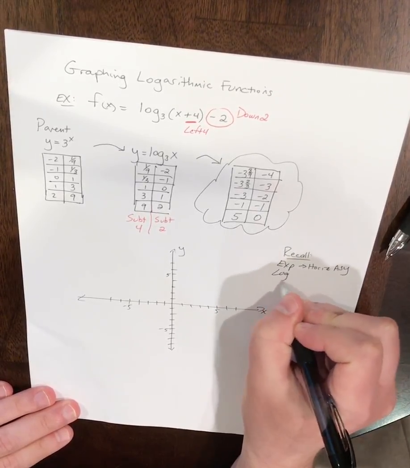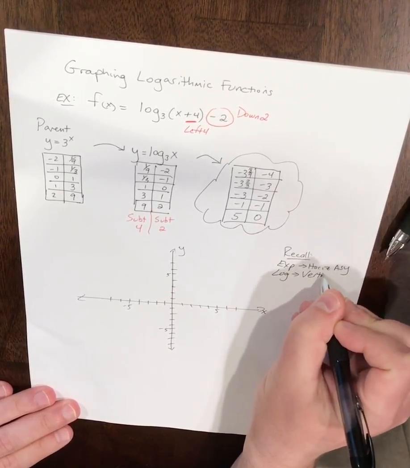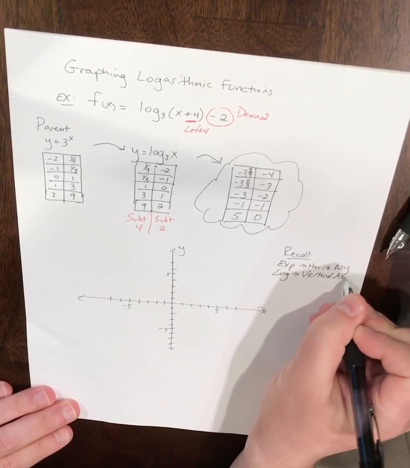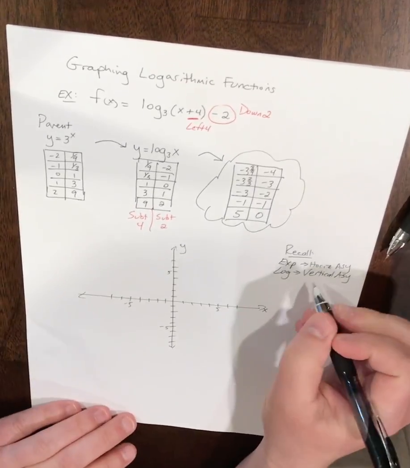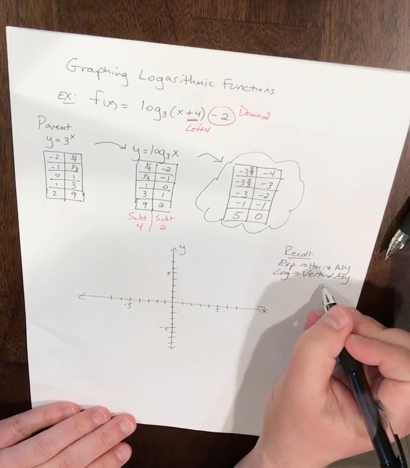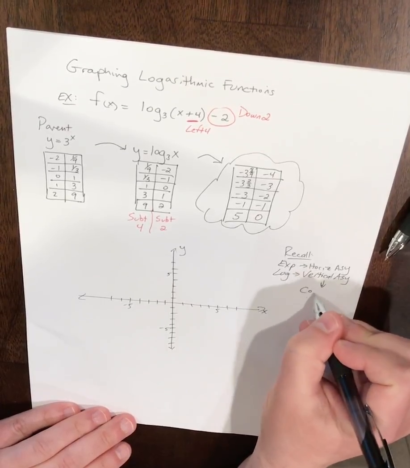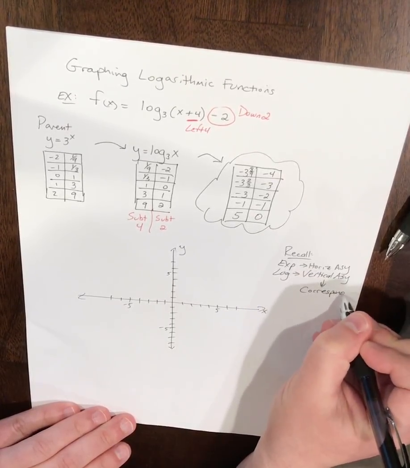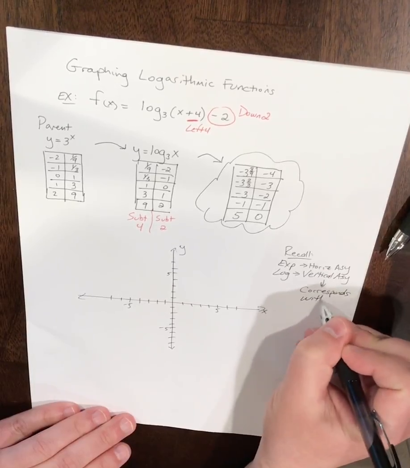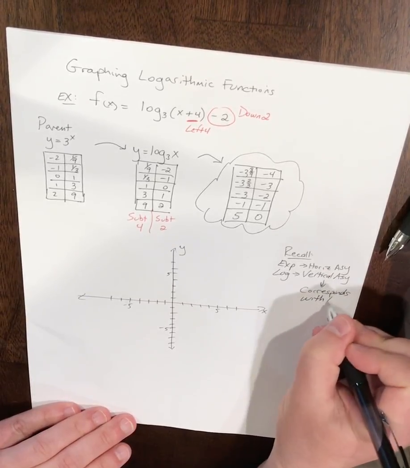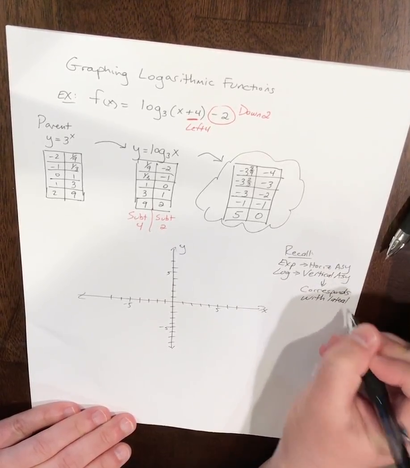The logarithmic functions will have a vertical asymptote. And that vertical asymptote will correspond with the lateral movement, left and right movement.